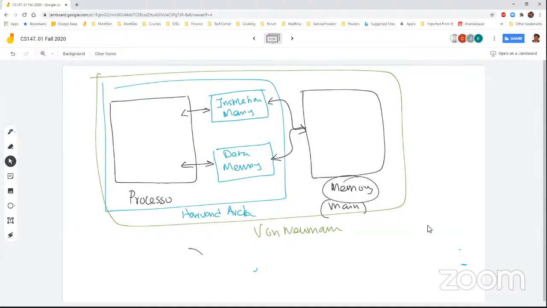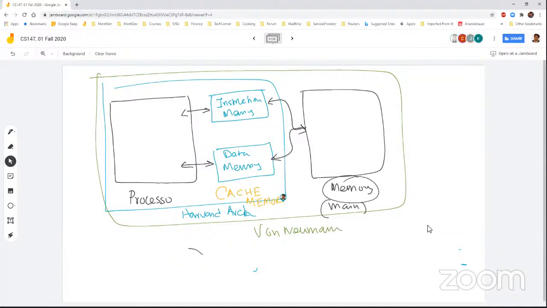And we'll see in the next major module, memory hierarchy study, we call it a cache memory. C-A-C-H-E, cache memory.